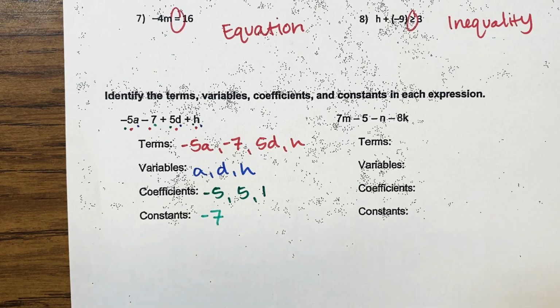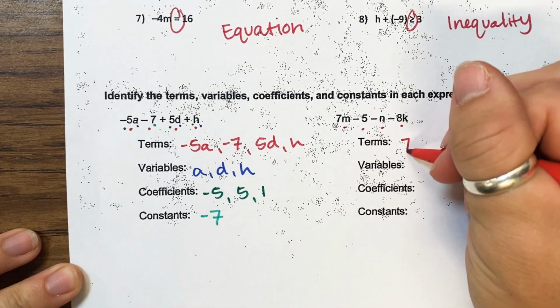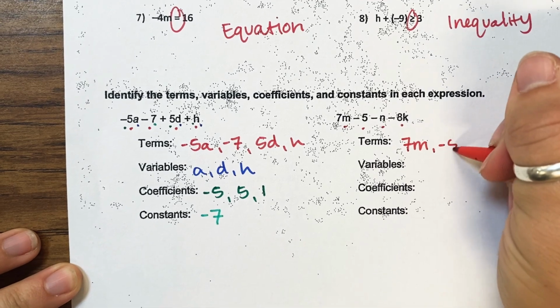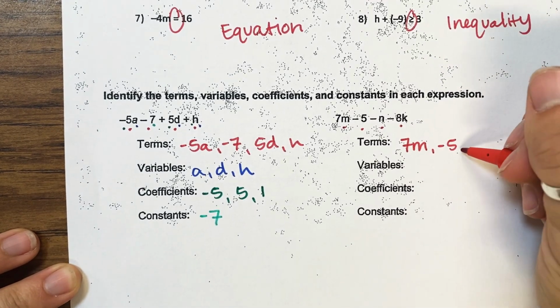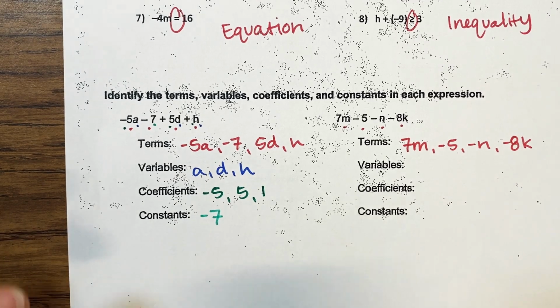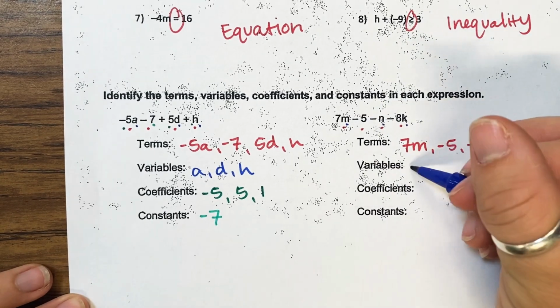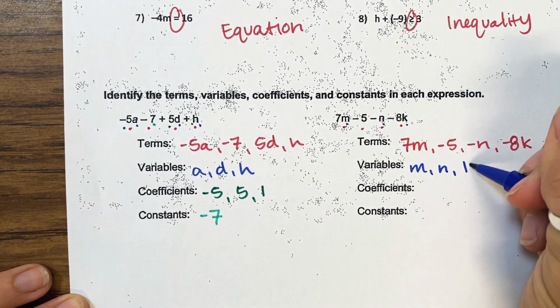Okay, the next one, we also have 1, 2, 3, 4 terms. 7m, -5, -n, -8k. Okay, our variables, the letters, I see an m, an n, and a k.